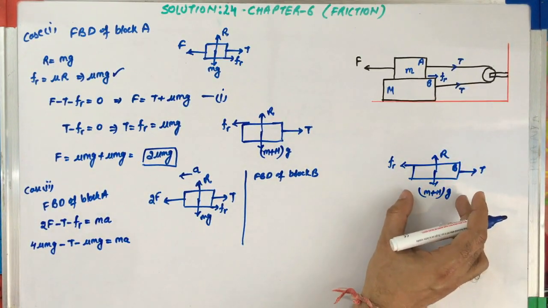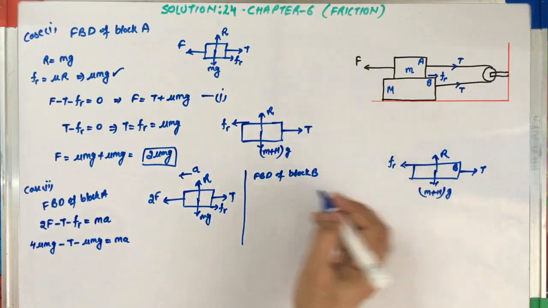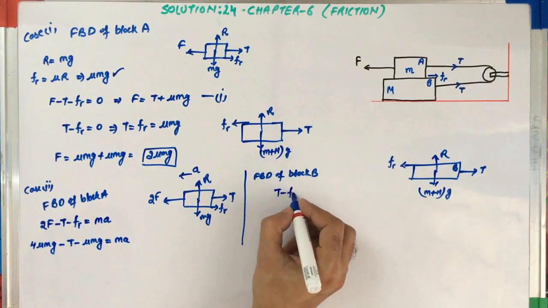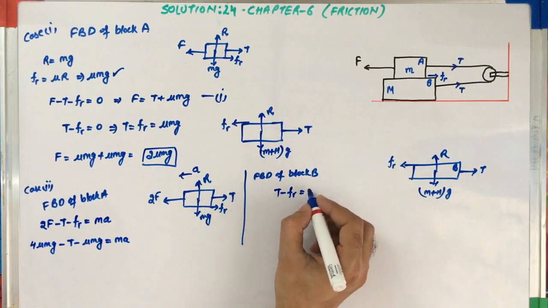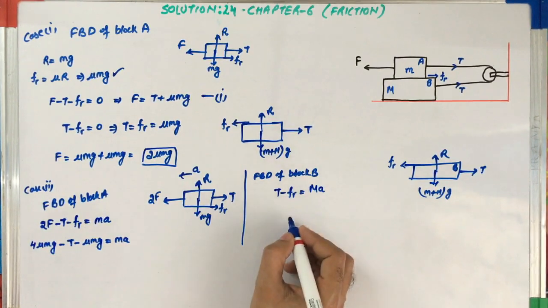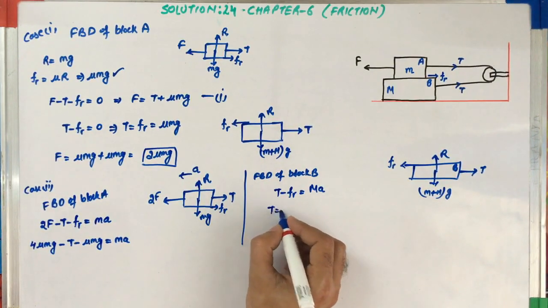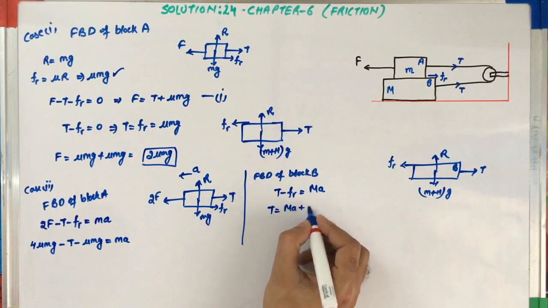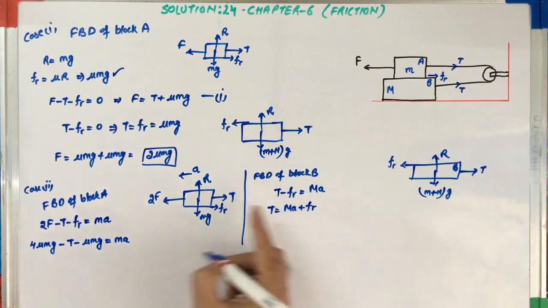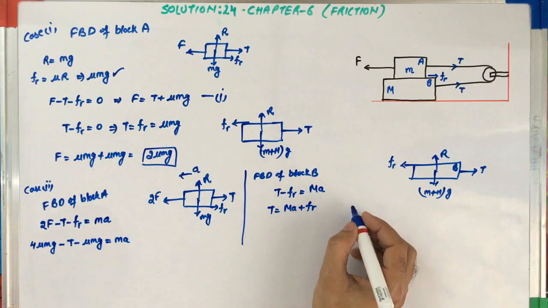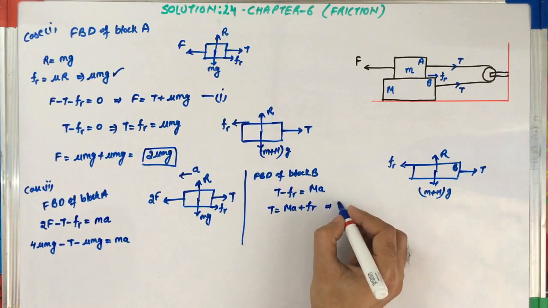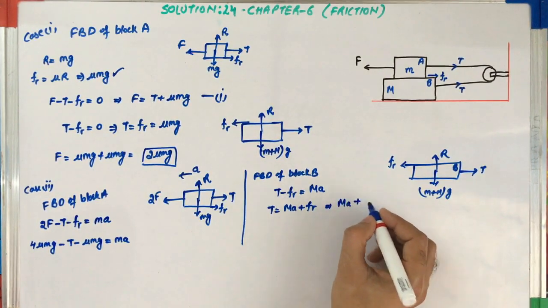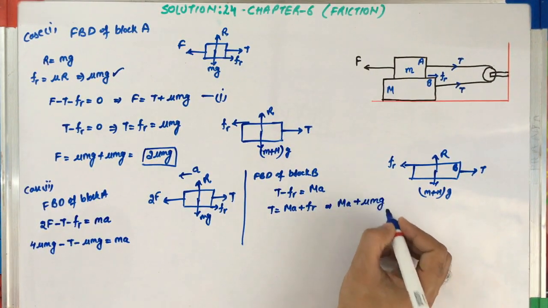So from here we get T minus Fr is equal to M times a. That means T is equal to M times a plus Fr. The value of Fr is mu times mg. So this will become capital M a plus mu mg, right?